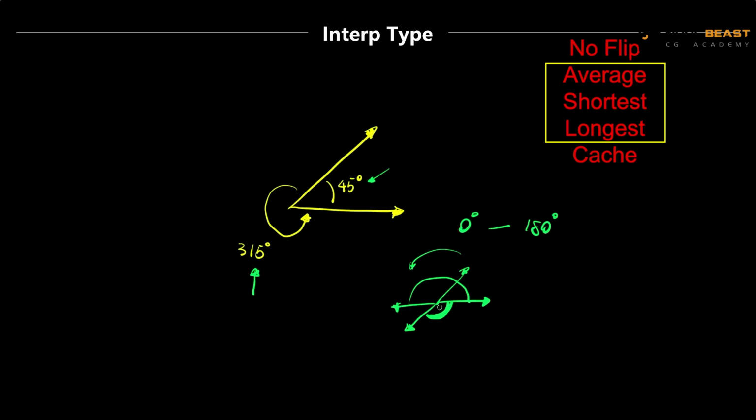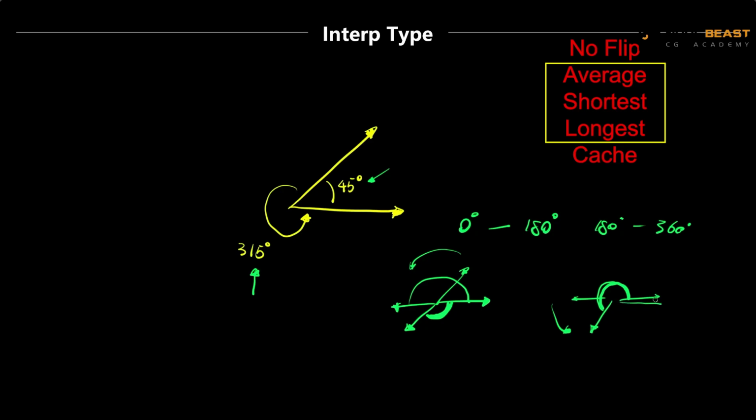So that's shortest. And for longest, similarly, we use 180 degrees as the baseline. And it goes from 180 to 360 degrees. When we're like this, we're at 180 degrees. When we continue to rotate downwards, note that it always takes the angle greater than 180 degrees.